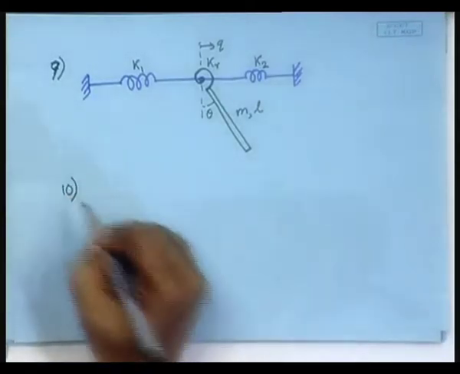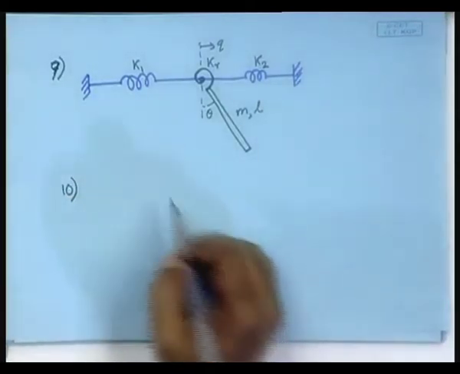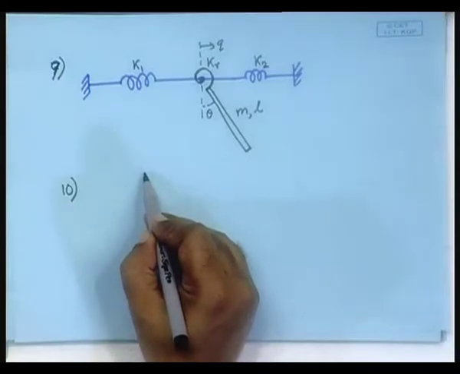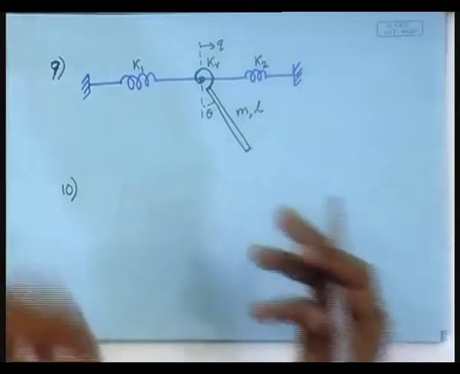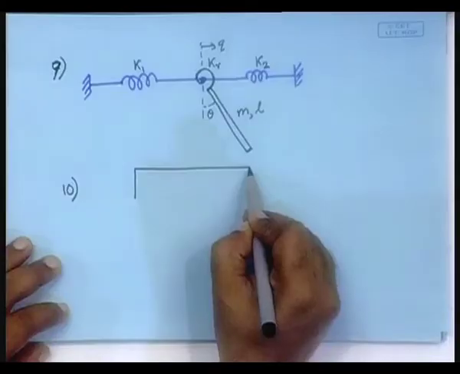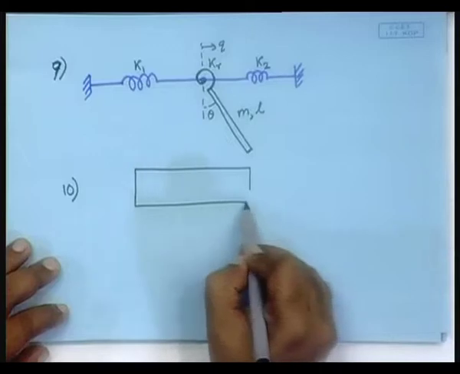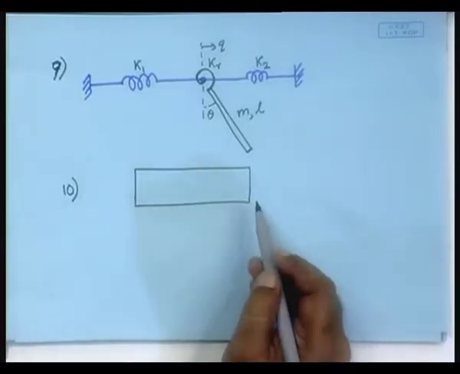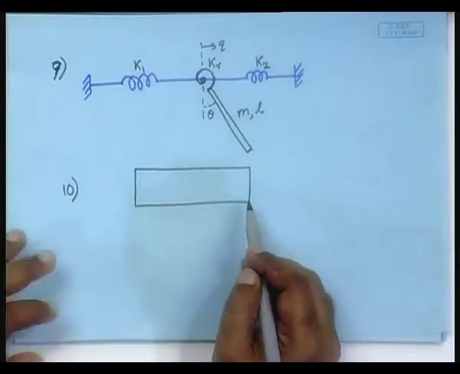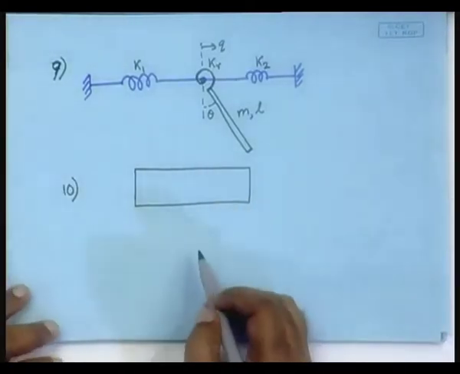The 10th problem is where you have, say, do you know how cars are balanced on the suspension? Suppose you have got a car which I am representing by means of a very badly drawn rectangle. Nobody would like to get into such a car, but nevertheless imagine that it is a car.